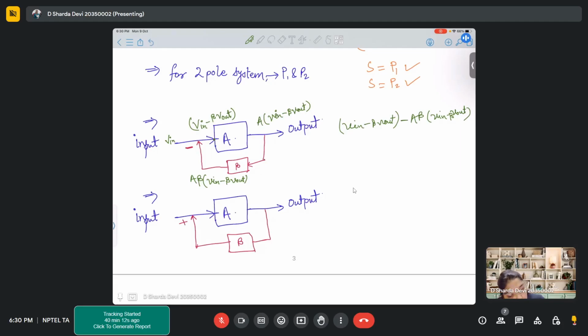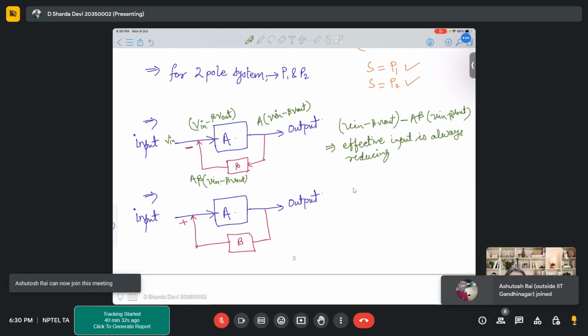So what you will observe is that your effective input is always reducing.